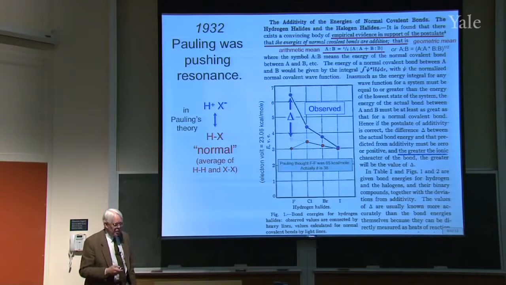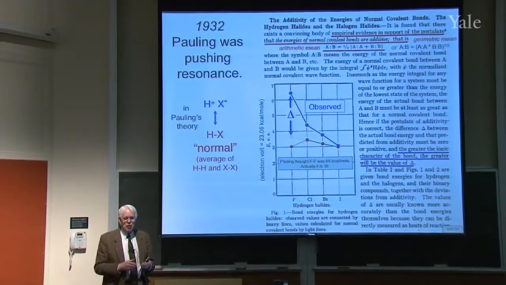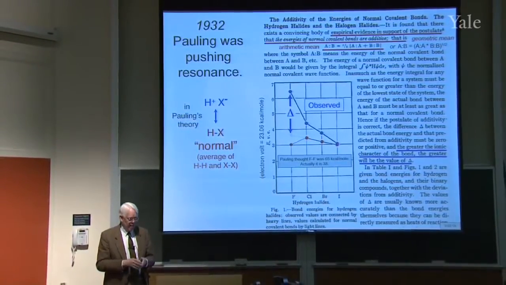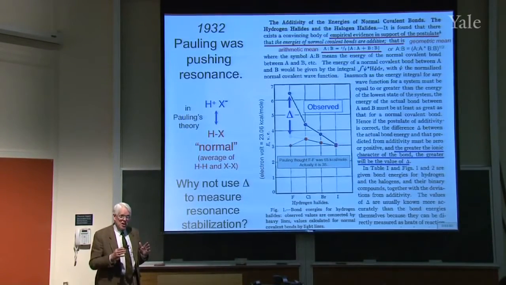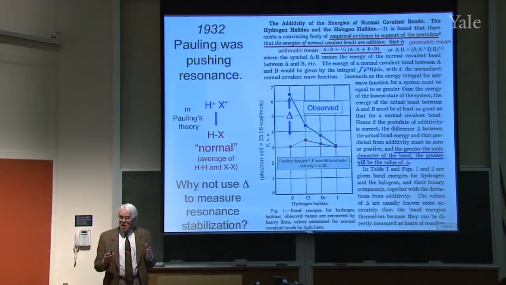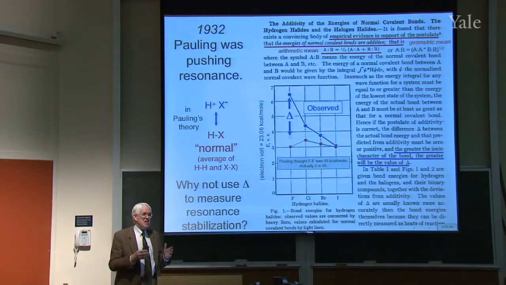And what he says here, the greater the ionic character of the bond, the greater will be the value of delta. Okay? So the neat idea now is we could use delta, which is based on experimental numbers, as a way to measure how important resonance is, right?